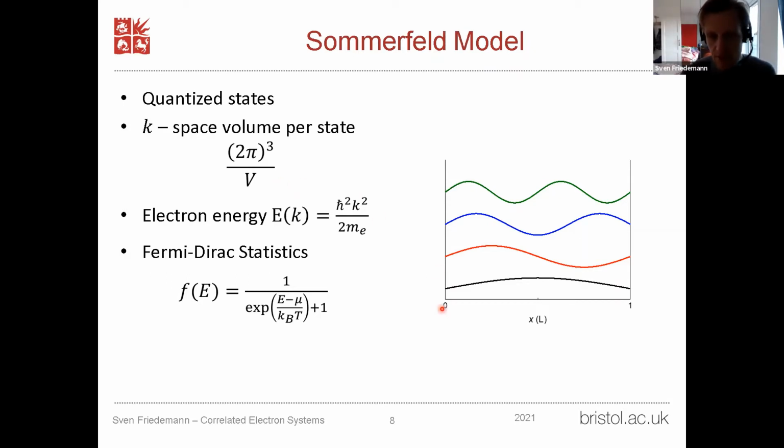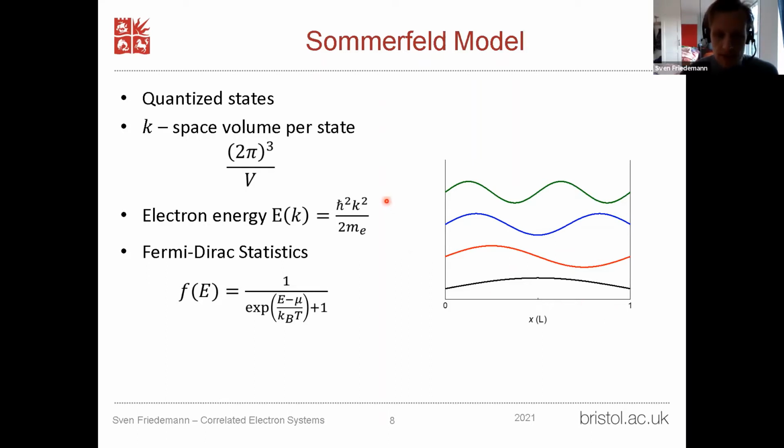You can see how that comes about, because we've got a length L, and we've got to fit an integer times 2 pi in that length L. Each time we go up one node, we'll have the integer raised by 1. And that means each state essentially occupies a volume 2 pi divided by L. We'll see that on a sketch of the reciprocal space on one of the next slides in more detail.